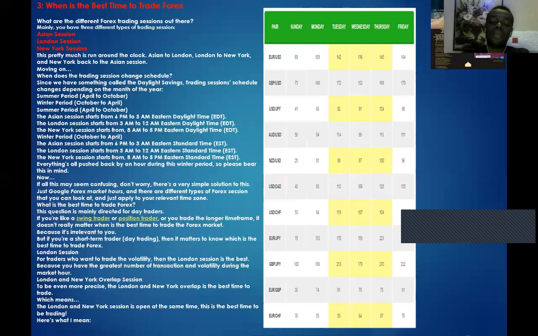We have scalpers, we have day traders, we have swing traders. Sorry, it's four types. We have position traders. So the two types of short-time traders are scalpers and day traders. So if you really are a scalper or a day trader, you should be looking at the best time to trade. You should focus on the New York and London session.